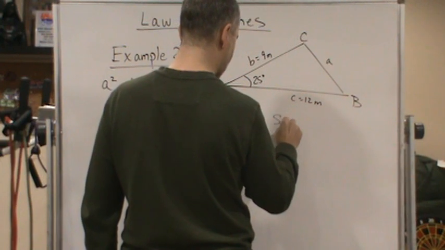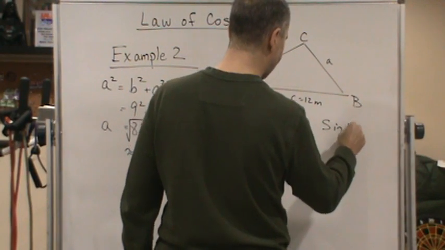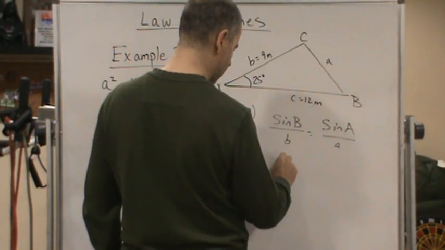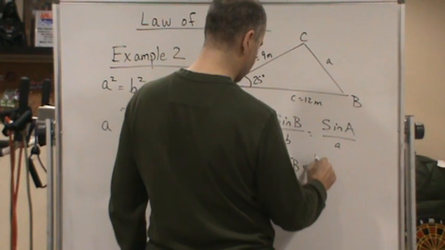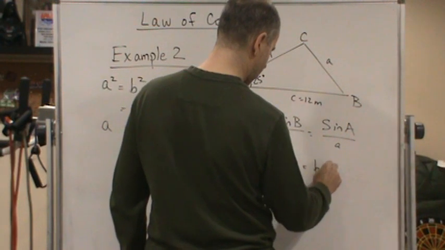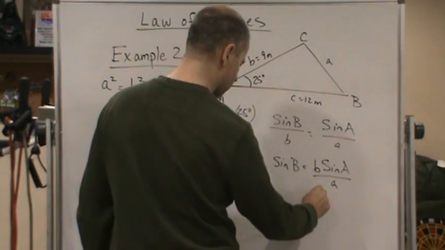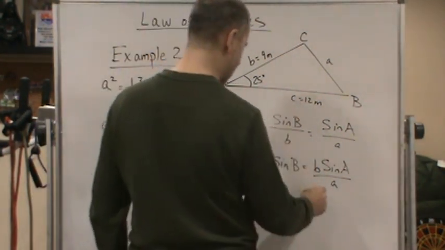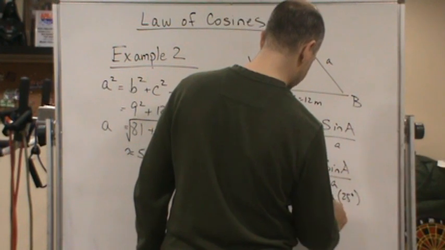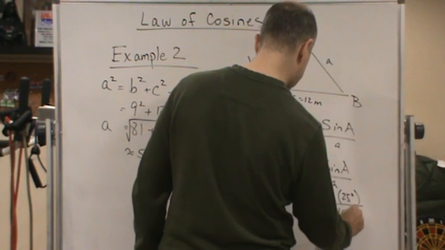So we're going to do sine B over B is equal to sine A over A. And so we get sine B equals B sine A over A. And so now if we plug in the values, B is 9, and then sine of 25 degrees over A, which we found to be approximately 5.4072.